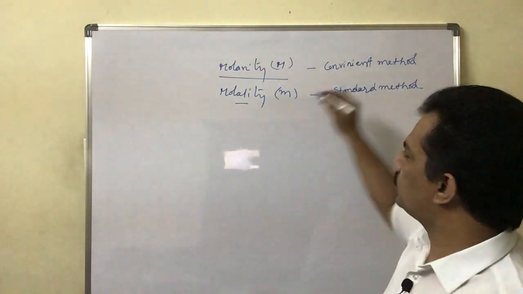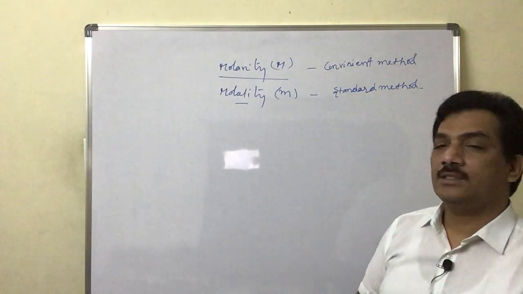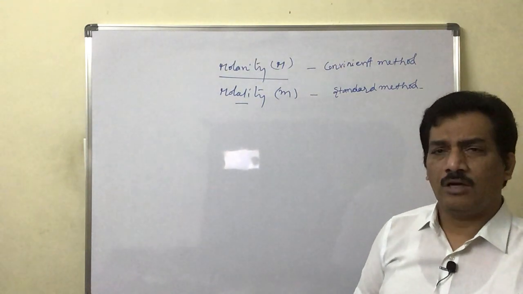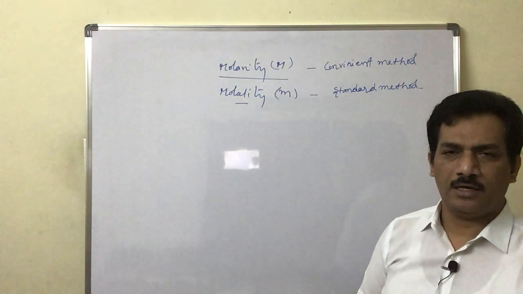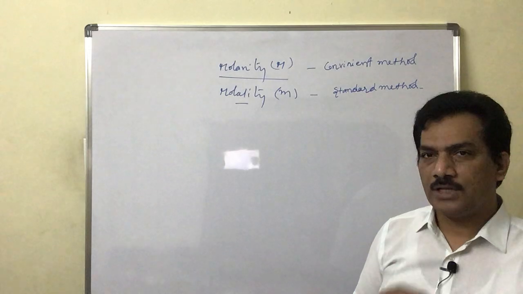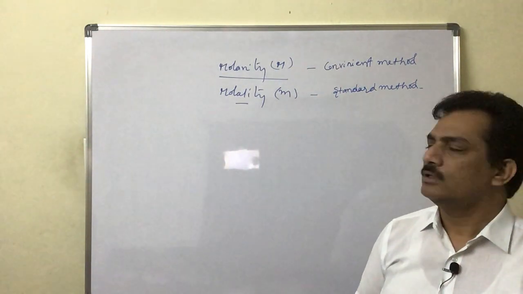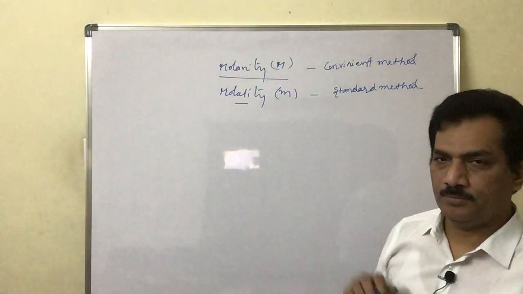Molarity is the convenient method. In most cases we express the concentration only in molarity, that is moles per liter. But actually the standard expression to express the concentration is molality.